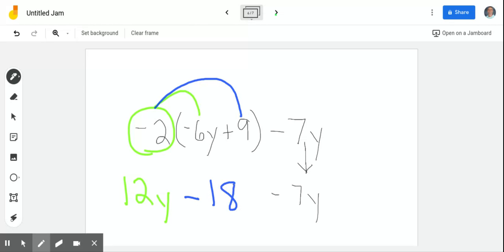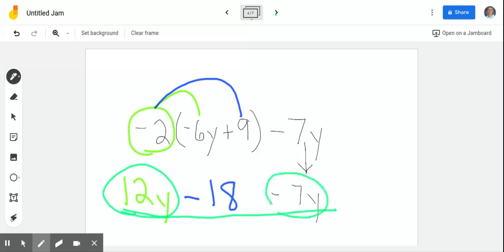So now we have 12y minus 18 minus 7y. Which things, if any, are alike that we can combine? I got 12y. I got negative 7y. So I can squeeze this answer in here.